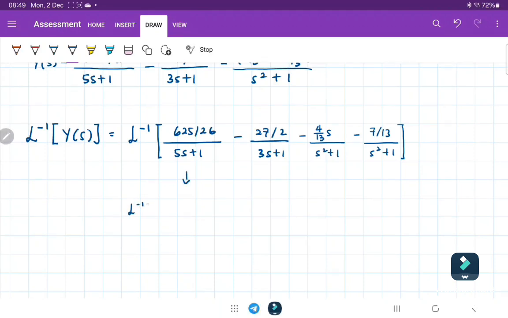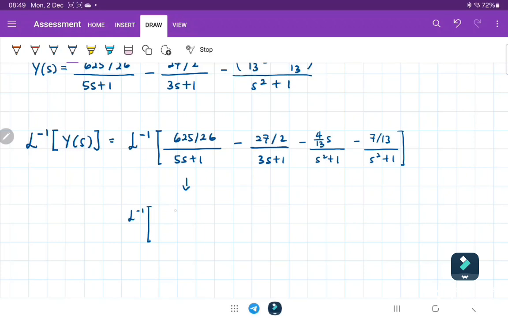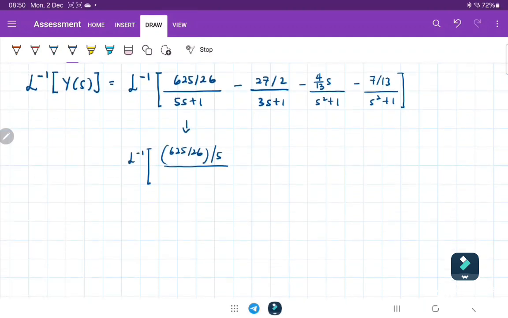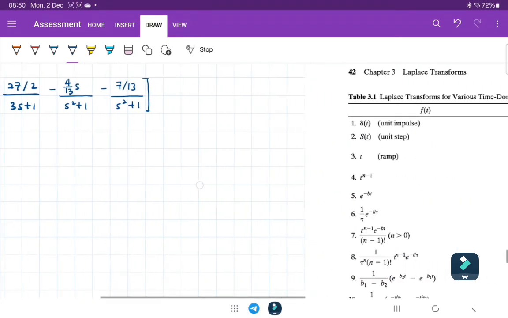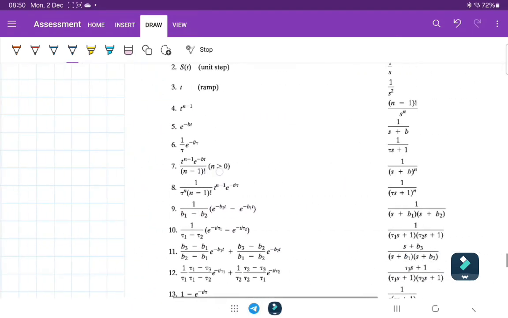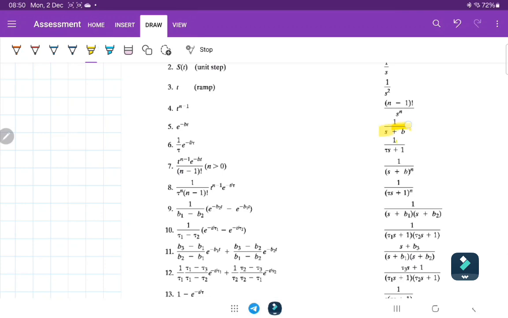We have 625 over 26, and we need to divide that by 5, because the denominator you need to divide by 5. 5s plus 5s divided by 5 becomes s, 1 divided by 5 becomes 1 over 5. I hope you still remember in part 1 when we referred to the Laplace transform table, it is equal to this one.